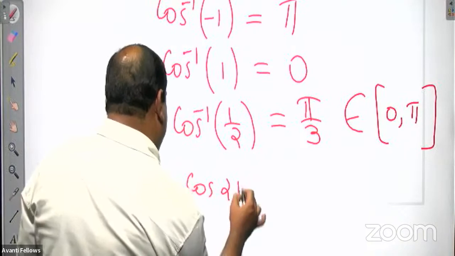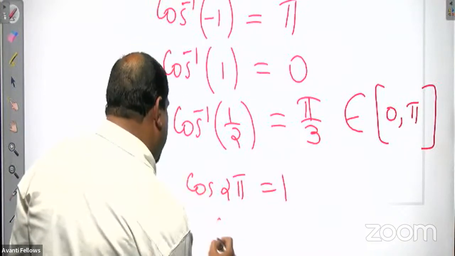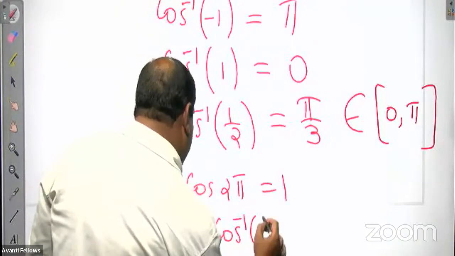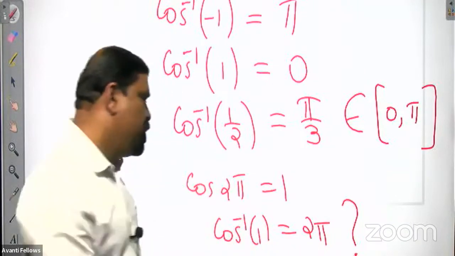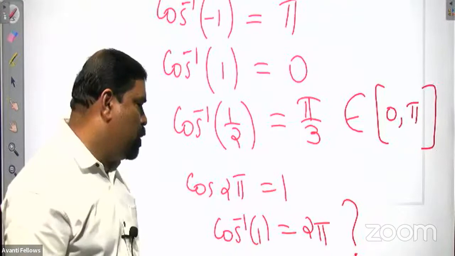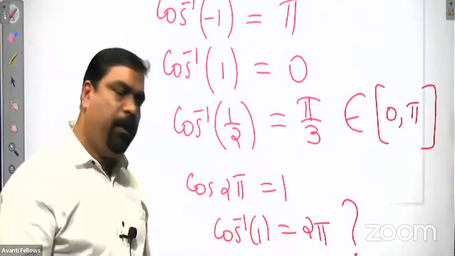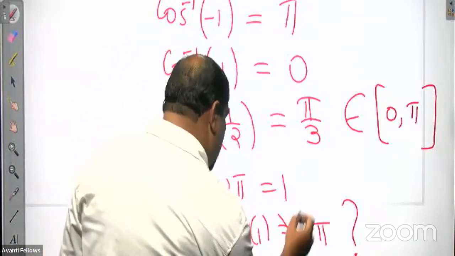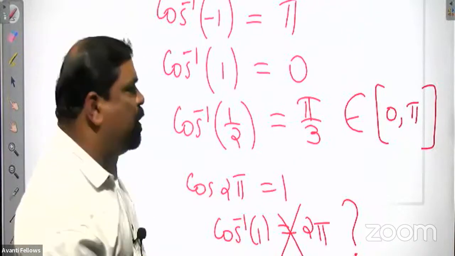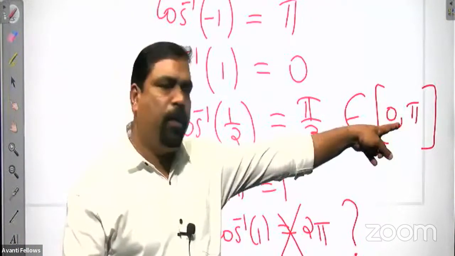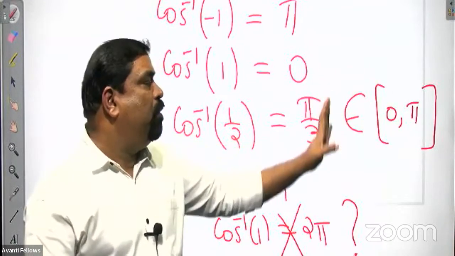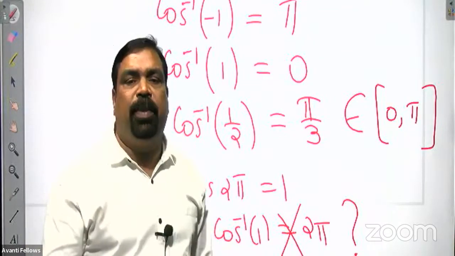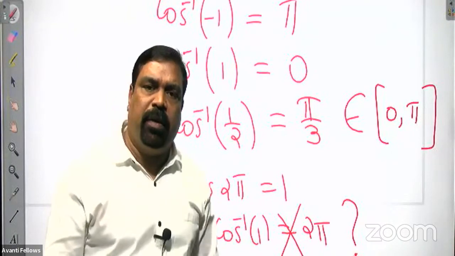But can you write cos inverse 1 is equal to 2 pi? No, that is wrong because 2 pi is not in the principal value branch of the cos inverse function. So we have to choose only a value which belongs to that principal value branch. Okay.